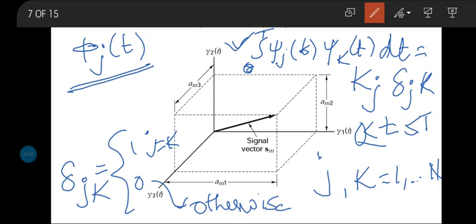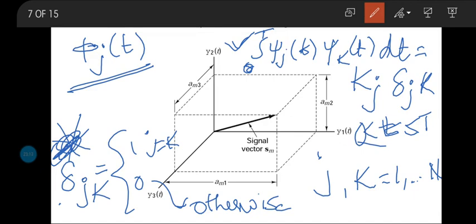What does this T stand for? This t is going to lie between 0 and capital T, and the values of j and k are going to be 1 to n. This operator delta of jk will be equal to 1 if j is equal to k, and it is going to be 0 for other values.